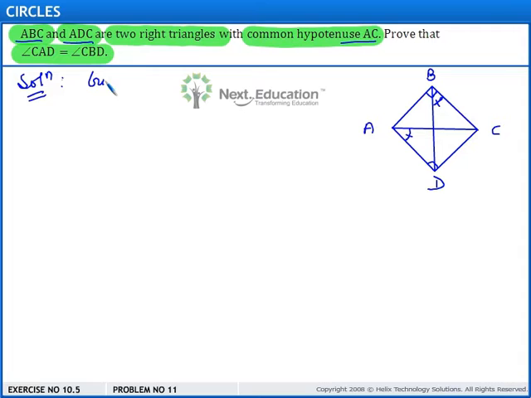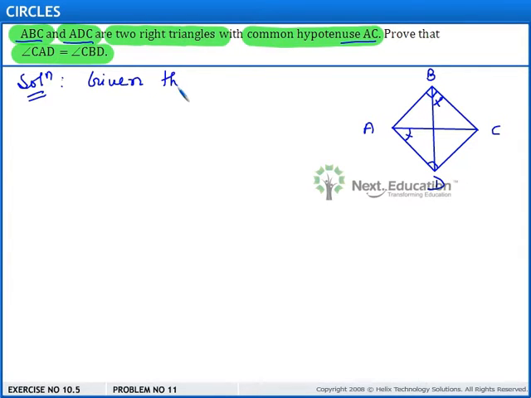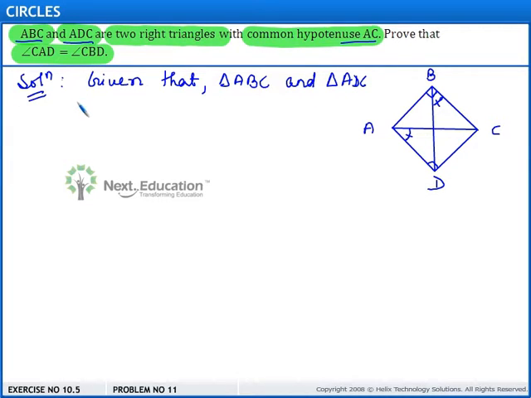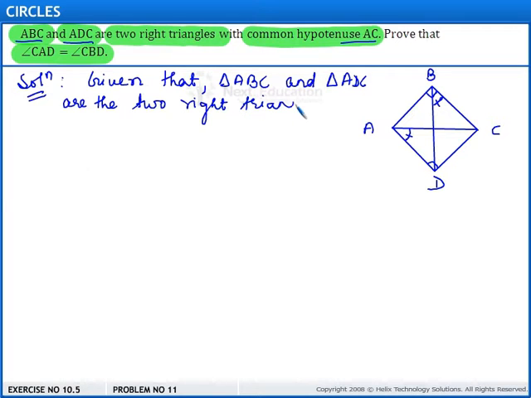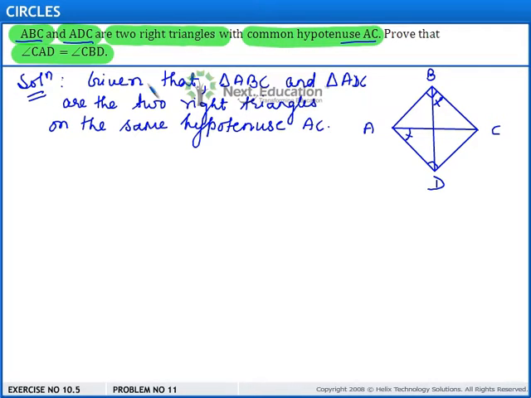So here we are given that triangle ABC and triangle ADC are the two right triangles on the same hypotenuse AC.